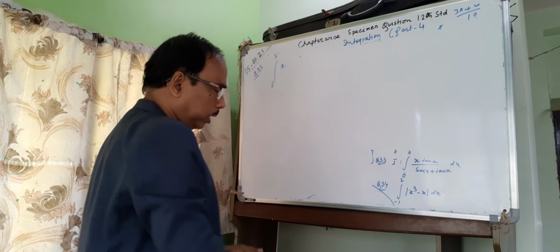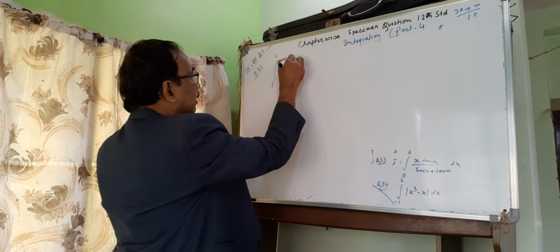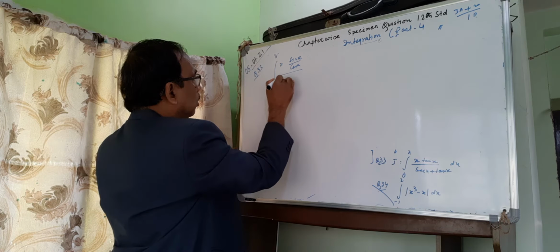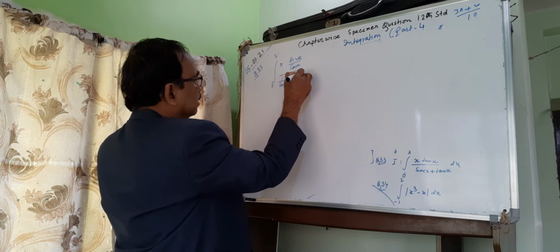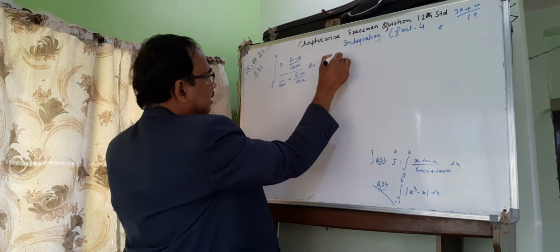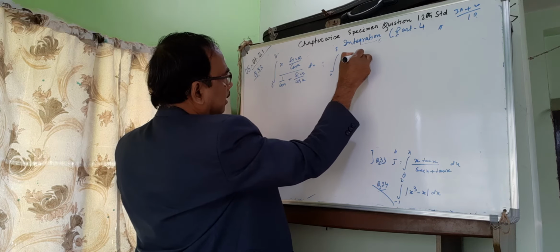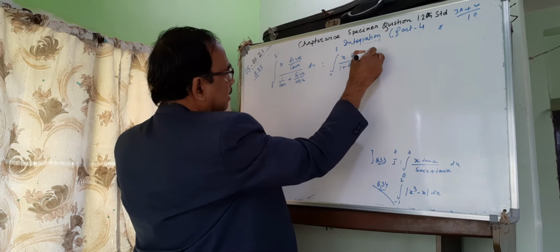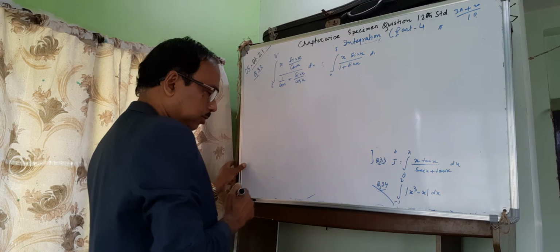First of all, we have to remove sin x cos x. x sin x by cos x, 1 by cos x plus sin x by cos x dx, 0 to pi, x sin x by 1 plus sin x. Cos x is the LCM, x sin x by 1 plus sin x cos x.